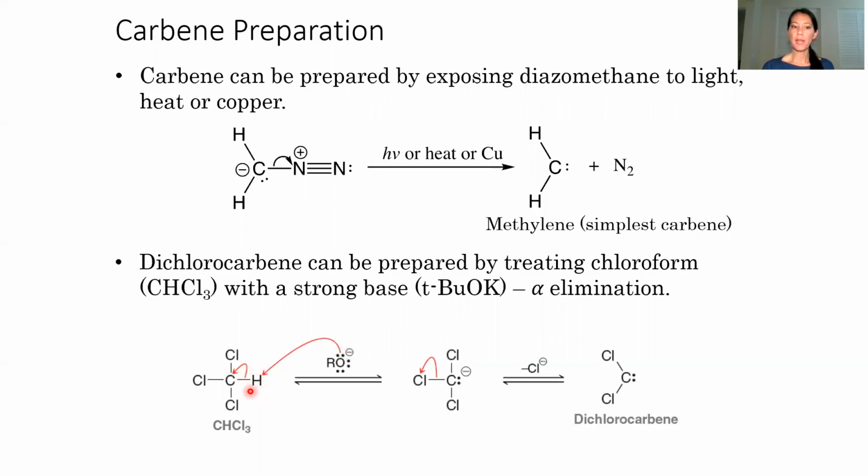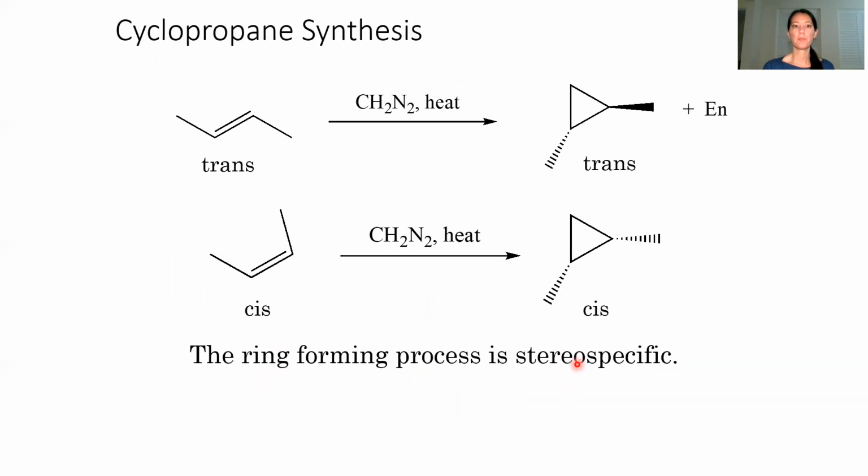When you deprotonate it, the electrons in this bond will then jump onto carbon, giving this carbanion species, and then chloride can leave as a leaving group, revealing your dichlorocarbene. Once you have your carbene, you could go on and make cyclopropanes.